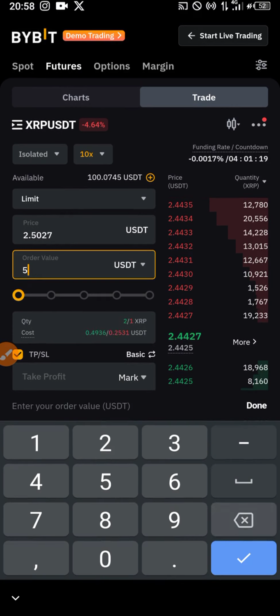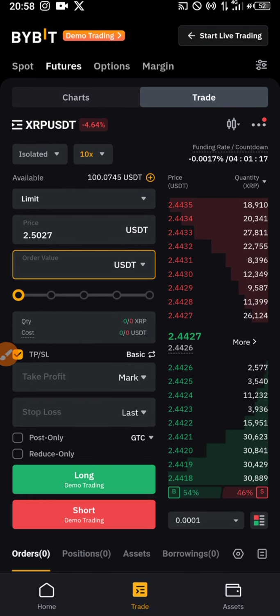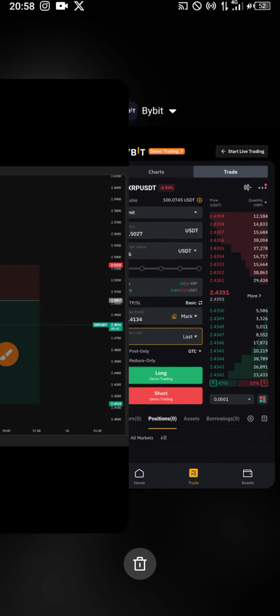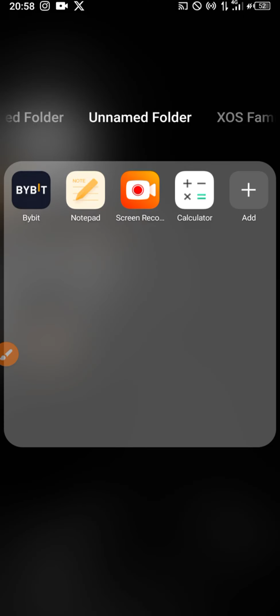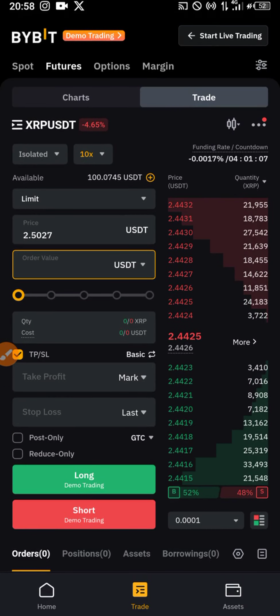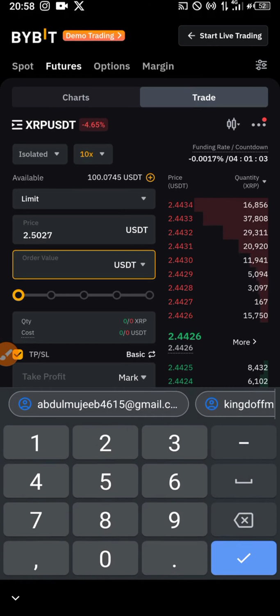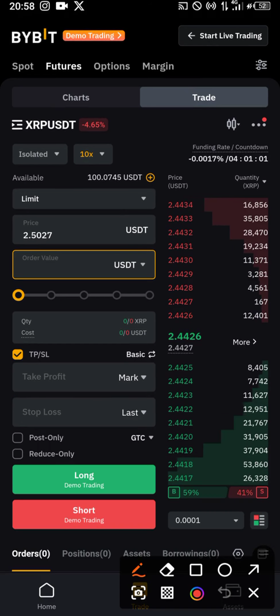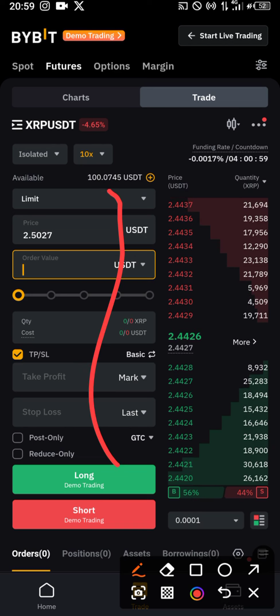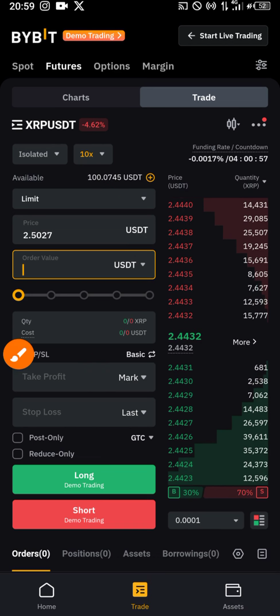You understand what I'm trying to explain here? The order is a limit order. A short position limit order at 2.5007, and we've set the order value. Let's say out of this $100, I want to reach $20, which is too much, right?